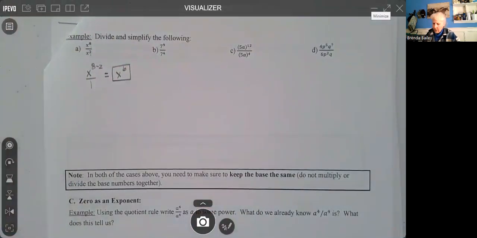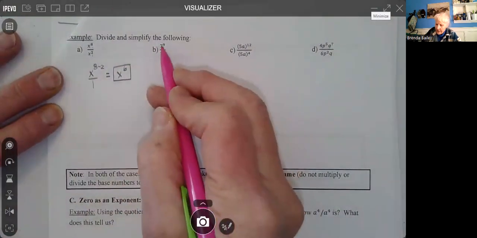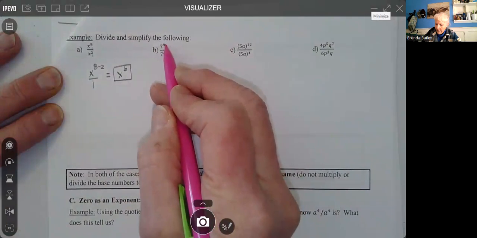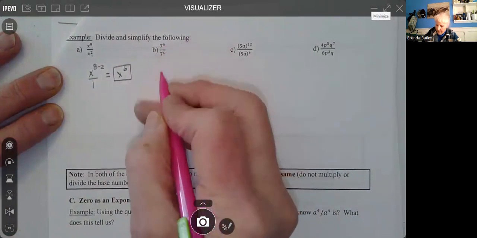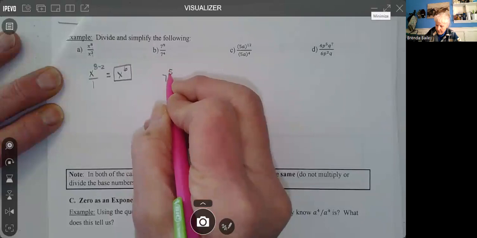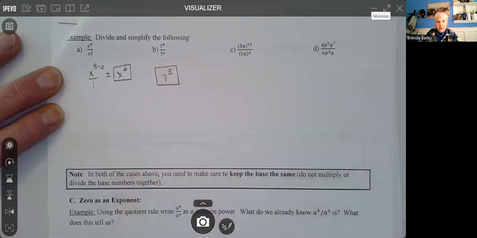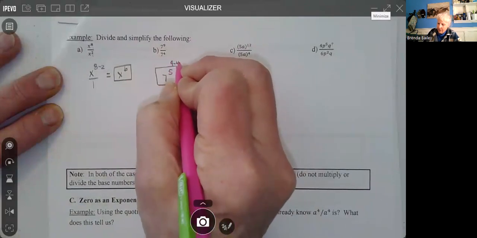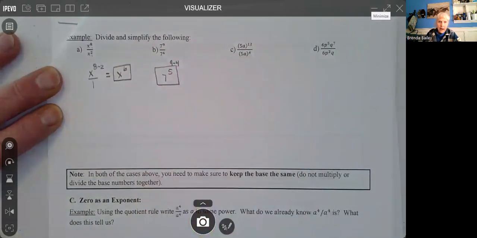All right, let's look at the next one. Common bases. So you subtract exponents. 9 minus 4 is 5. 7 to the 5th. So we took 9 minus 4. I did not write that out to get the 5. X to the 5th.